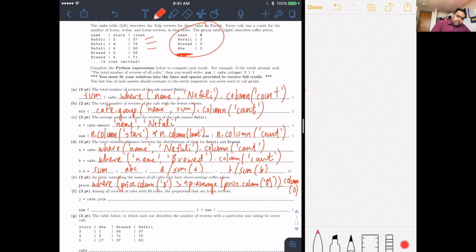We want the reviews of $3 coffee that were 3 stars over the number of reviews of $3 coffee.